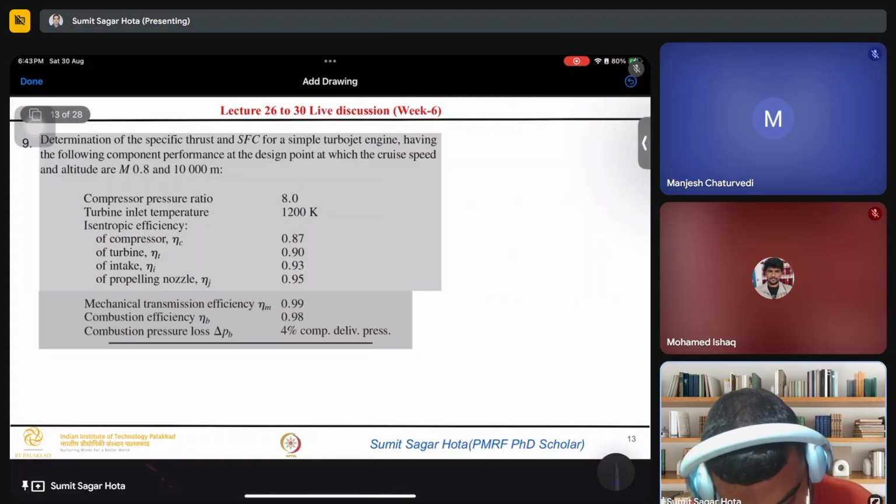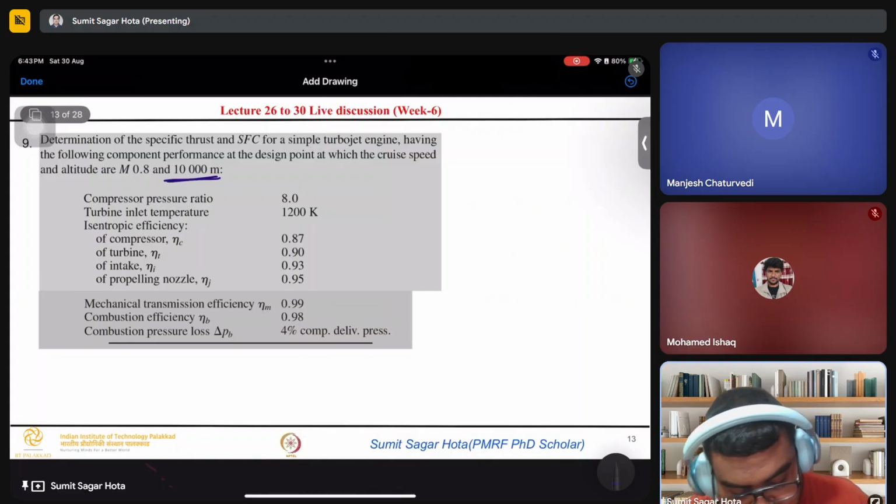Like they are specifying 10,000 meter, but at 10,000 meter the properties of pressure, temperature, and velocity are not given.